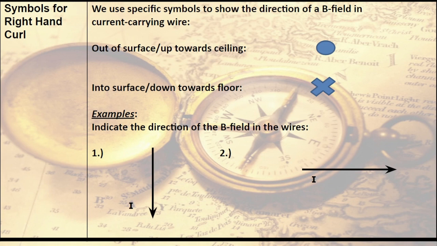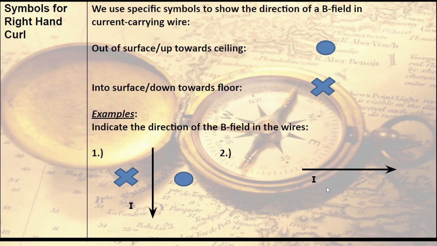So because they're going into my computer screen, I should have an X there on the left-hand side. And on the right-hand side, they're coming out of the computer screen, so I should have an O on the right-hand side. So O on the right-hand side, X on the left-hand side. Perfect. And just like we said, it's because my fingers go in on this side, wrap around and come out on this side.